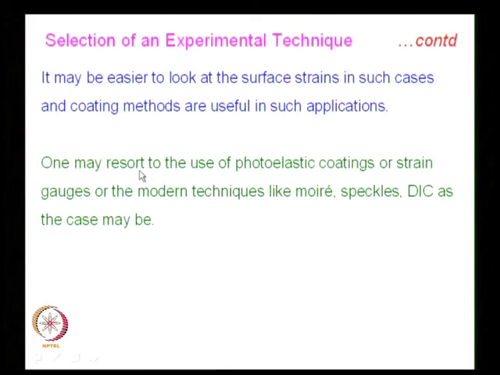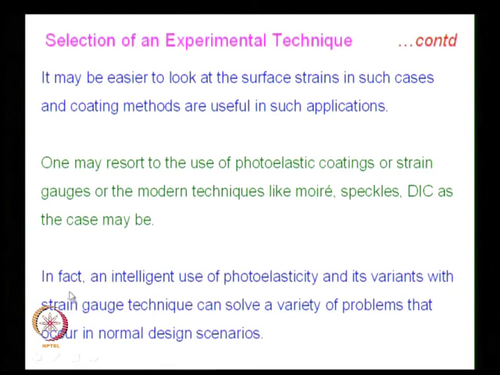One may resort to the use of photoelastic coatings or strain gauges, or the modern techniques like moire, speckles, digital image correlation, as the case may be. In fact, an intelligent use of photoelasticity and its variants with strain gauge technique can solve a variety of problems that occur in normal design scenarios.